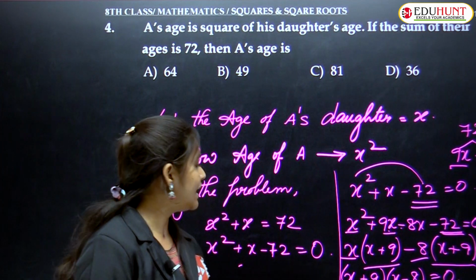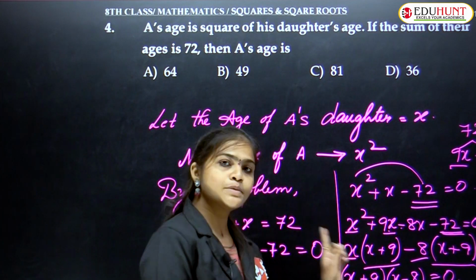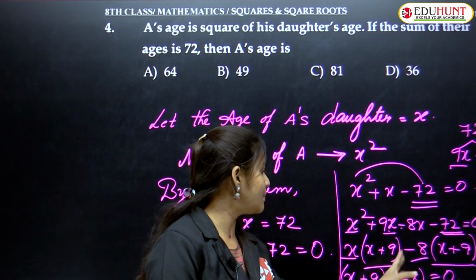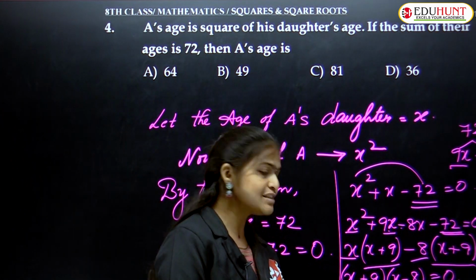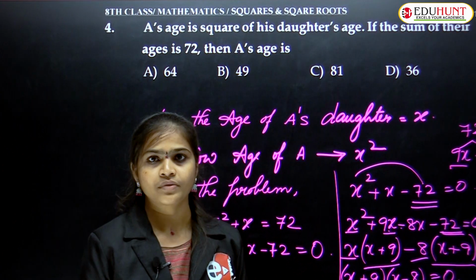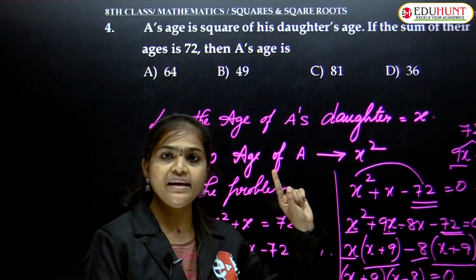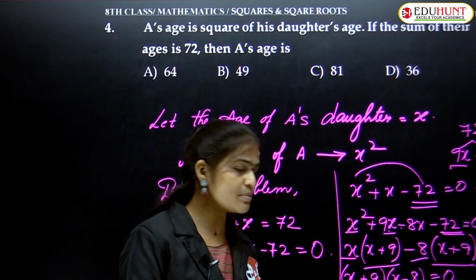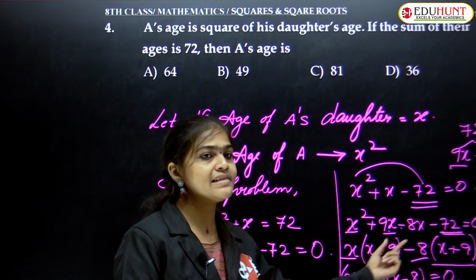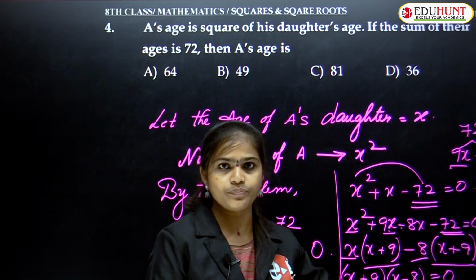So children, here x plus 9 is one expression and x minus 8 is another expression. When you multiply these two, the product should be 0. That is possible only if any one of them is equal to 0, either x plus 9 is 0 or x minus 8 is 0. Yes or no?